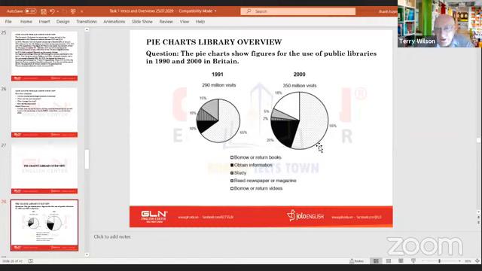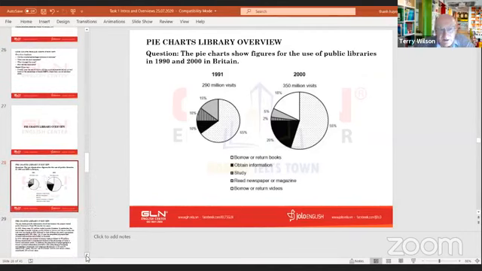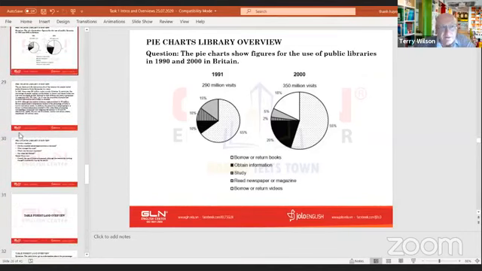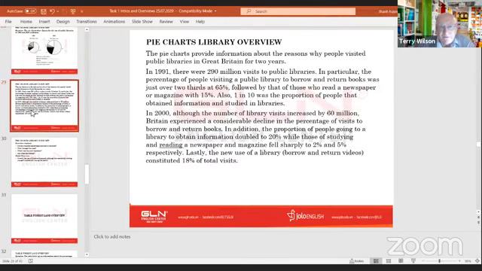But we also, in the year 2000, have a new reason for use of public libraries, and that is now 18%. That did not exist in 1991. So how can we transfer that information into an overview? Well, here we have the introduction with the 2 body paragraphs.